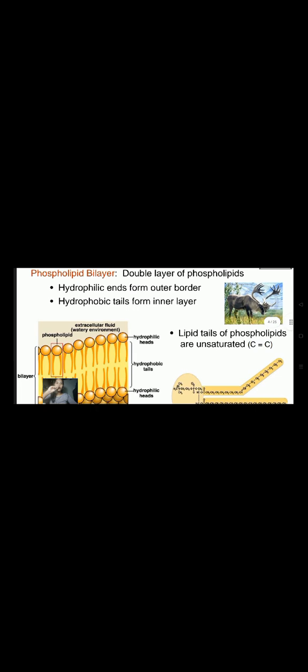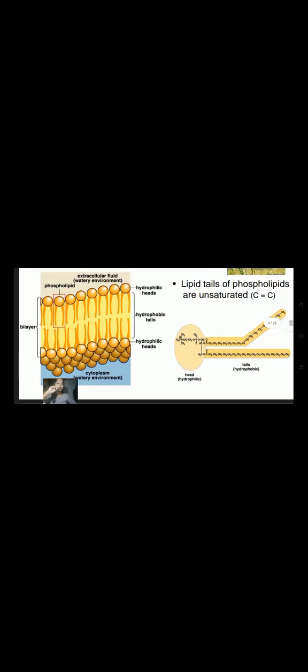For a clearer picture, this is the phospholipid bilayer. The circle is the hydrophilic heads, and the tail is called the hydrophobic tails. We have to take note that the lipid tails of phospholipids are unsaturated.